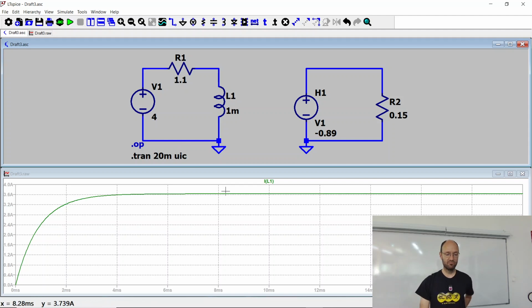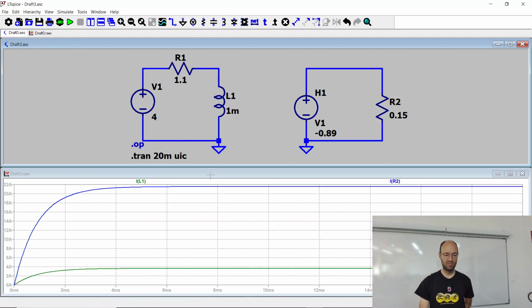So if I run, okay, I think it already ran. And if I look at the current here, okay, then I get a similar current on the other side of the circuit, which should be the case because I've now just copied the current from this side to another circuit, and we get the same thing, right?